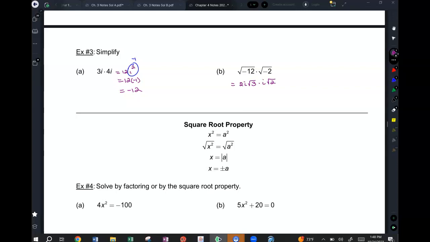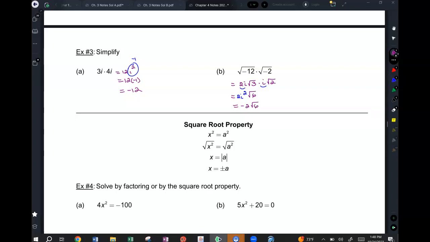Why is it i root 2? Because the negative comes out as an i. Now let's multiply the coefficients. I have 2i squared times root 6. 2i squared is how much? Negative 2 root 6.